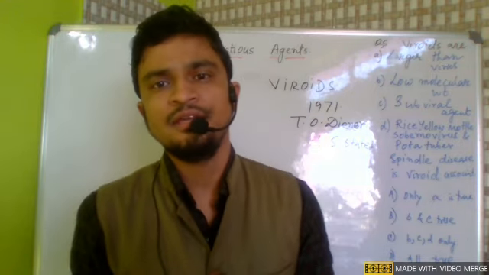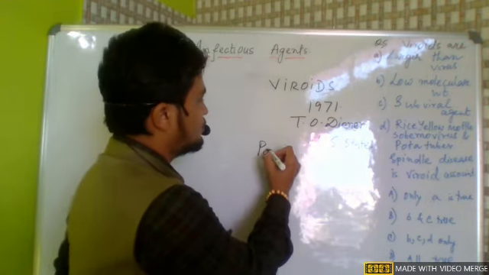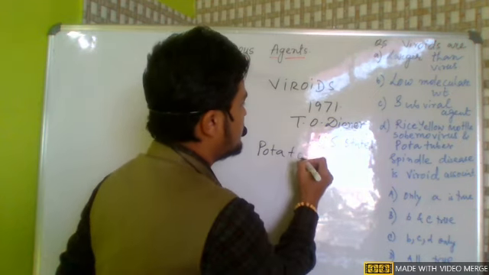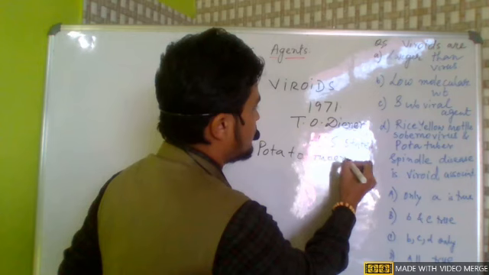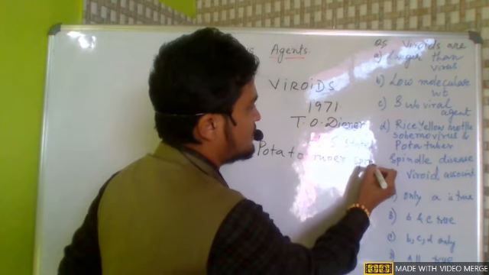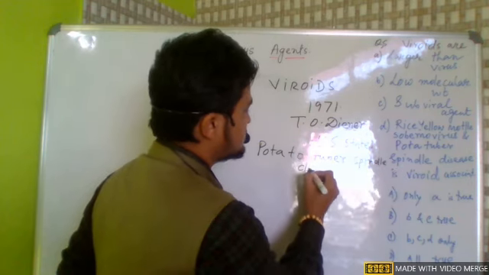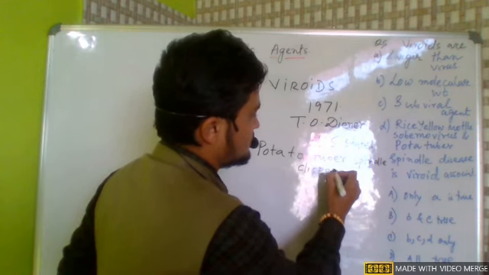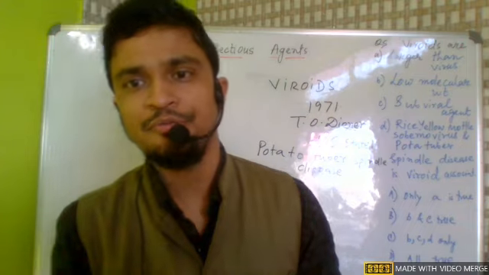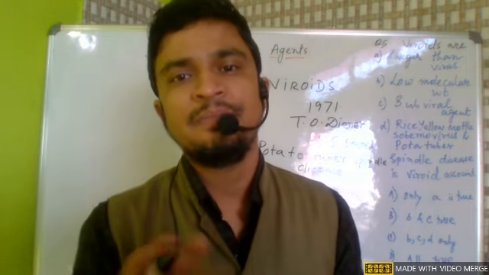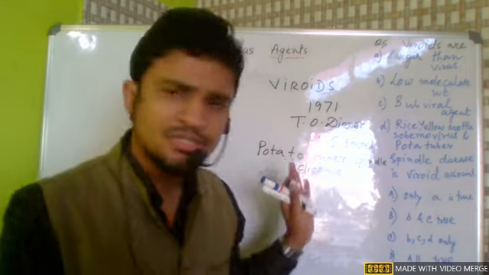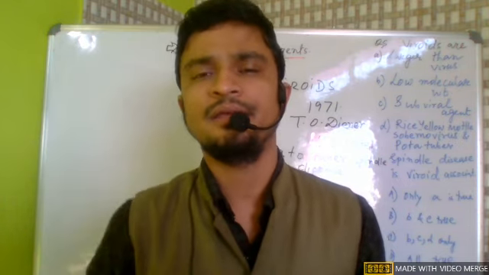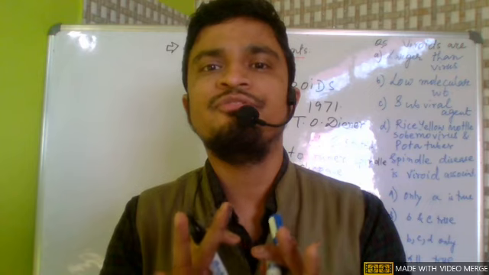He was studying potato tuber spindle disease in plants, and he found that this disease is not at all caused by a virus or bacteria but just by a low molecular weight free RNA.